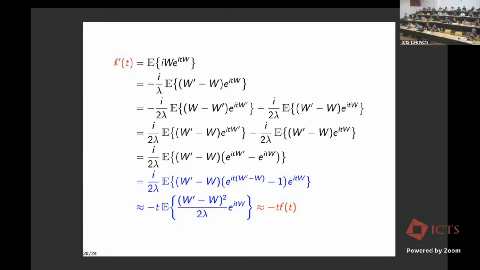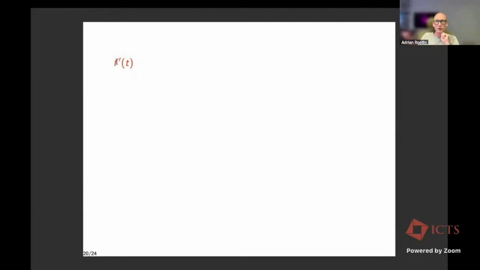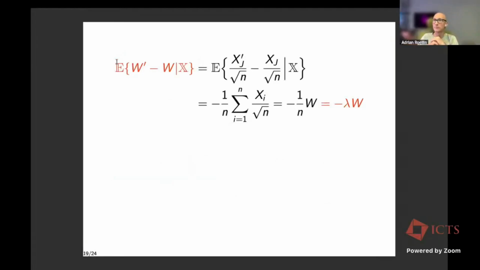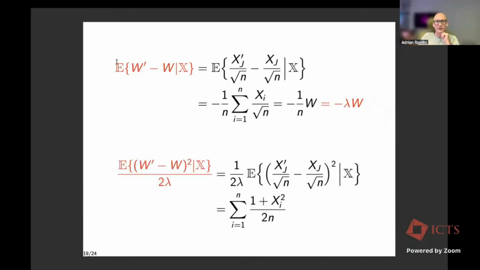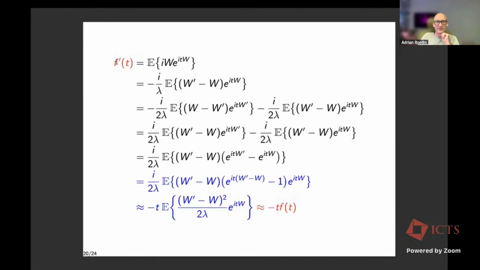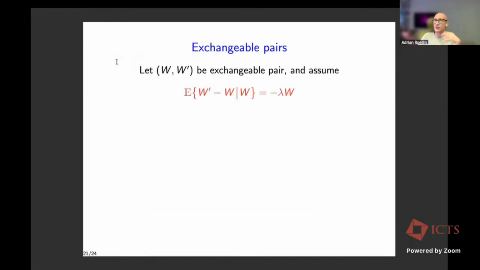You just use the fact that the mean of W prime minus W was of that form. Yes, so the only thing we've really used is this. That's exactly right. That's right. And in some sense, you want to write down an abstract theorem. You say, okay, give me an exchangeable pair that satisfies this identity.